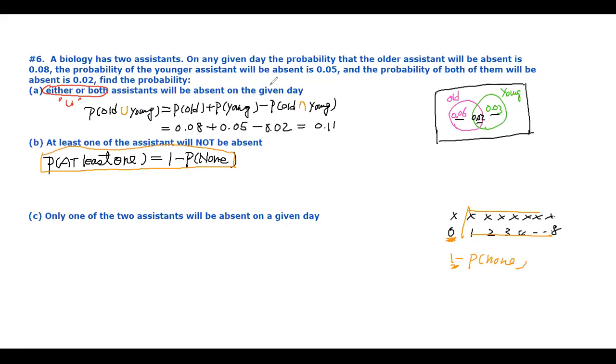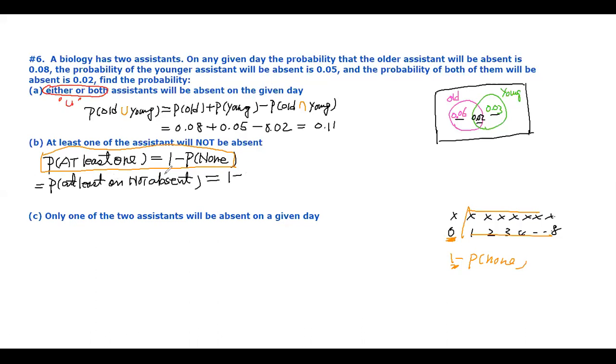Okay, let's rewrite this one. Probability that at least one is not absent. Be very careful how you write it. This is equal to 1 minus the probability that both are absent.